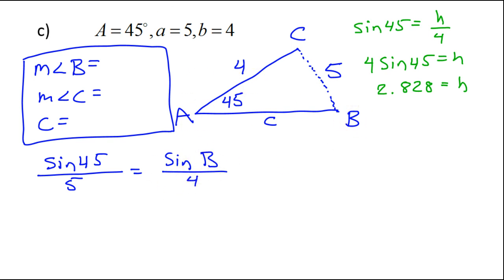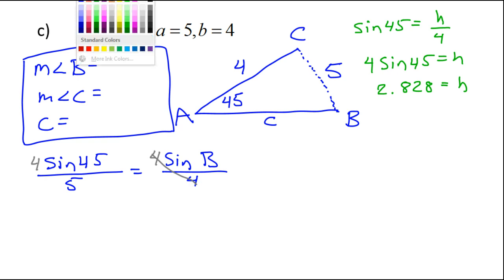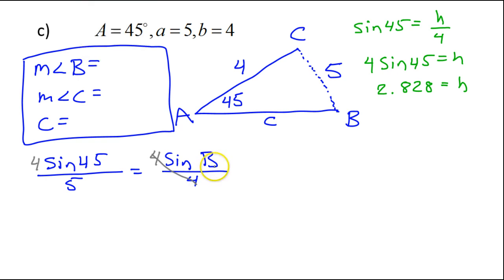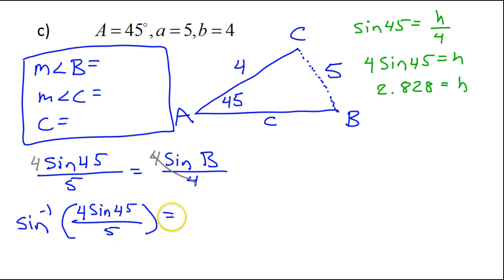I want to get the sine of B by itself, so I'm going to multiply both sides by 4. The 4's cancel out. That gives me the sine of B. But I want angle B itself, so I'm going to do the inverse sine of all of this. And that will give me angle B. So put all of this in your calculator.